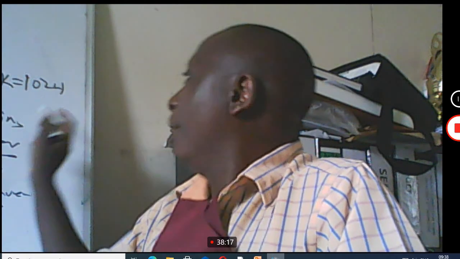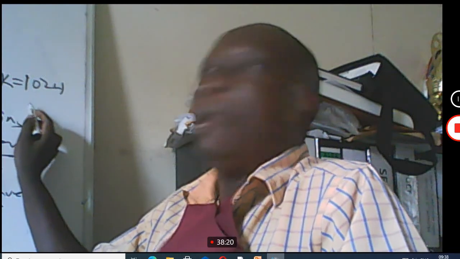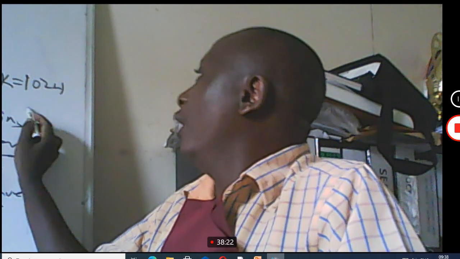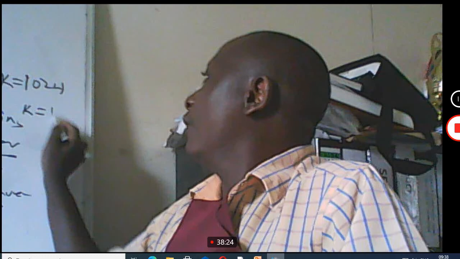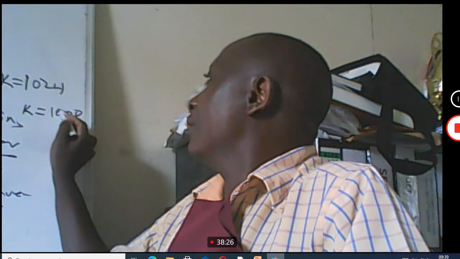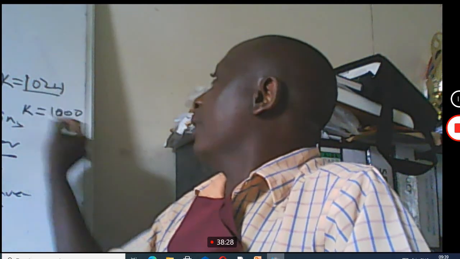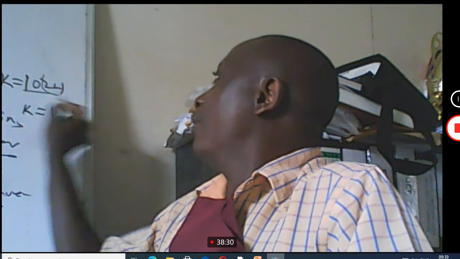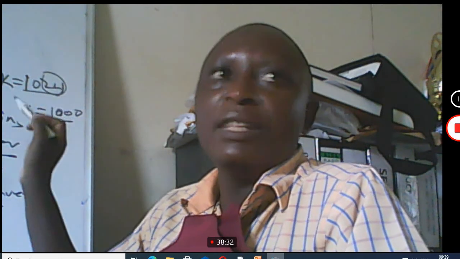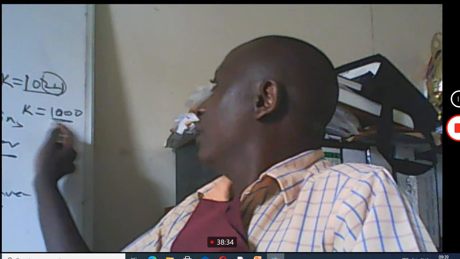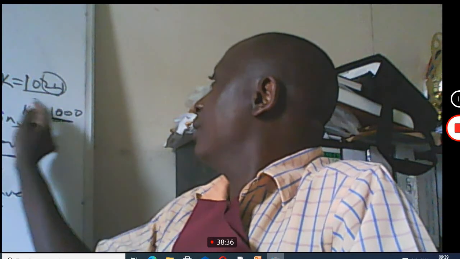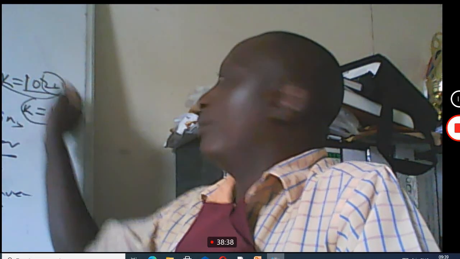But in a decimal meaning, a kilo is a real kilo, which is 1,000. This is different. There is a reason why they add 24, and it is not answered in this class. So what you have to know is that this is for decimal and this is for the computer.